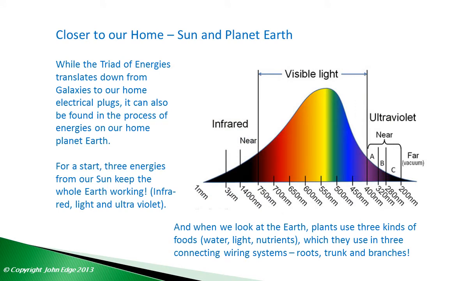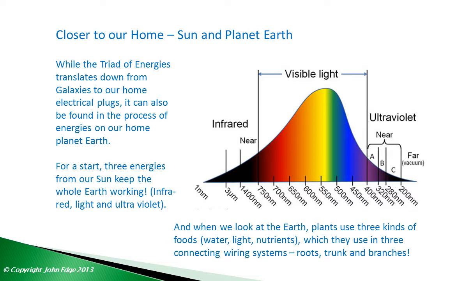So let's come closer to home, moving from our universe to our solar system, our sun and planet Earth. And now we can see that this same 3 core energy system is also found with the energies coming to us from our sun, because the energy from our sun has 3 systems, if you like: infrared, visible light, and ultraviolet in the energy spectrum. And it's that that's critical to life on Earth.